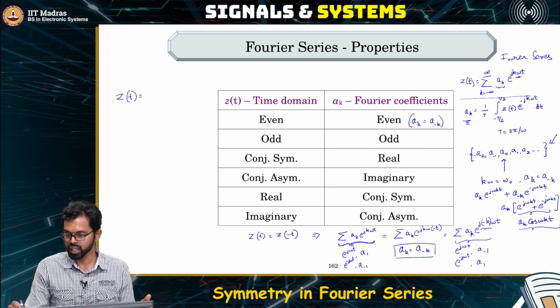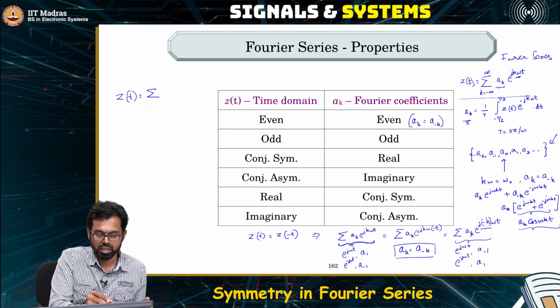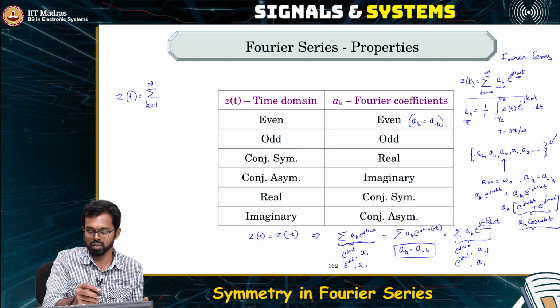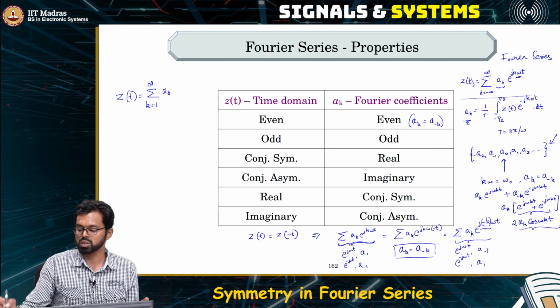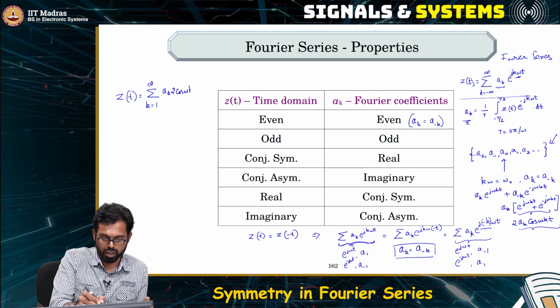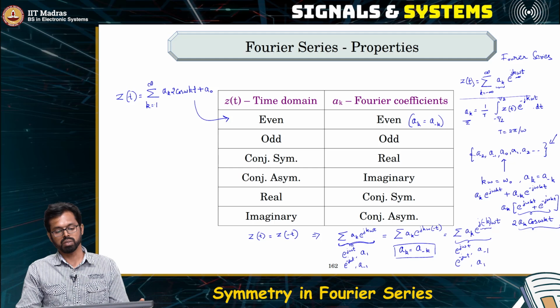That is, by combining these ak's for positive and negative, you can rewrite this as the sum from k is equal to 1 to infinity of ak, so there is 2 times cos omega kt here, 2 cos omega kt. So this is true whenever the signal is even.